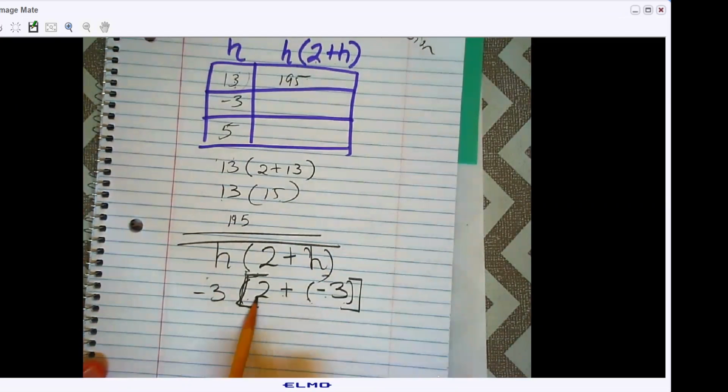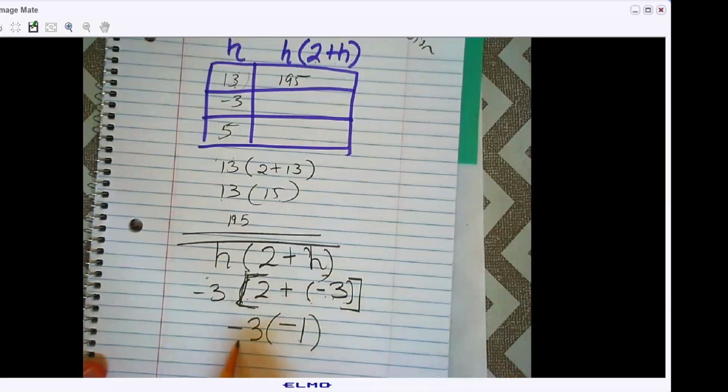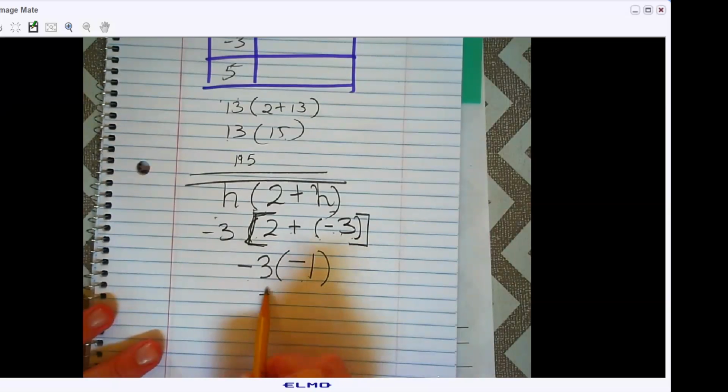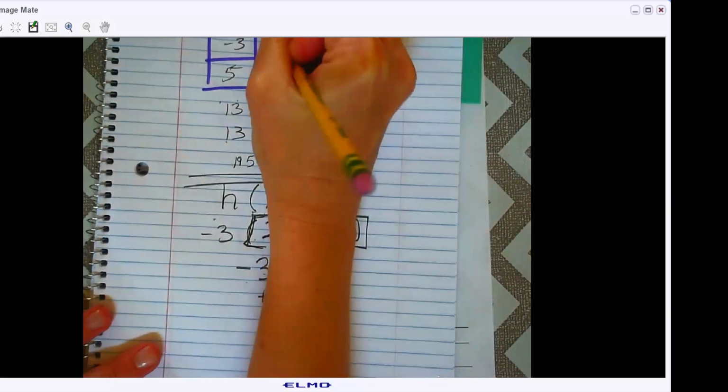If I'm 2 feet above the water and I jump down 3 feet, I'm 1 foot in the water. Now I have -3 times a -1. Negative times a negative is a positive. 3 times 1 is 3. So my answer is going to be 3.